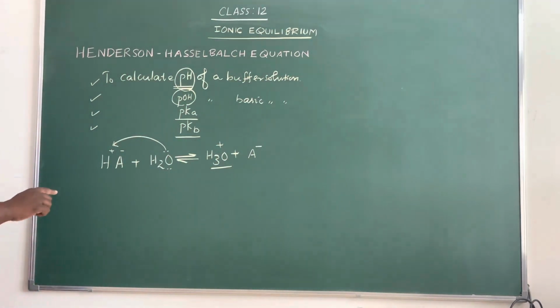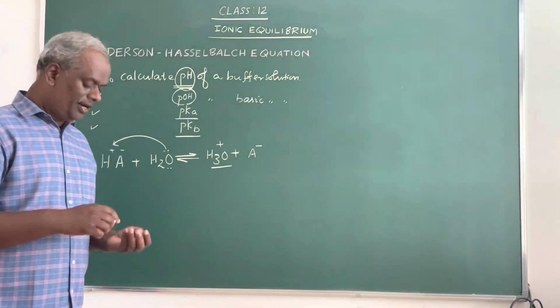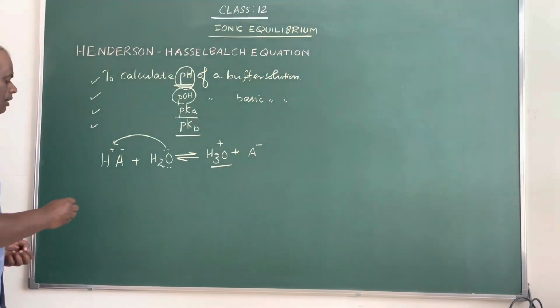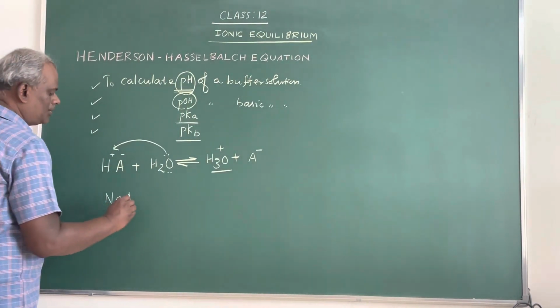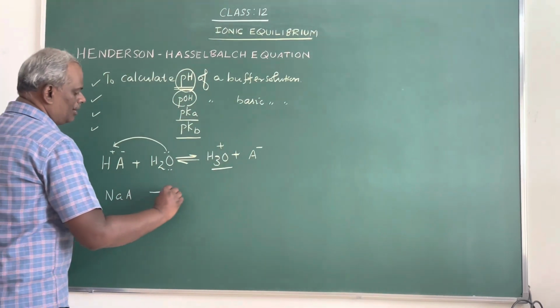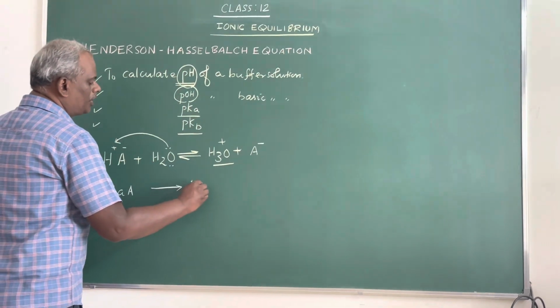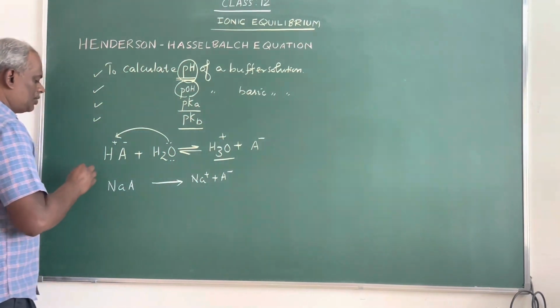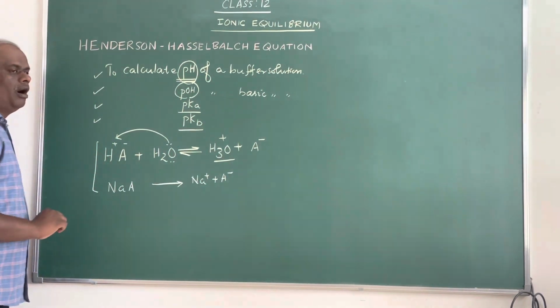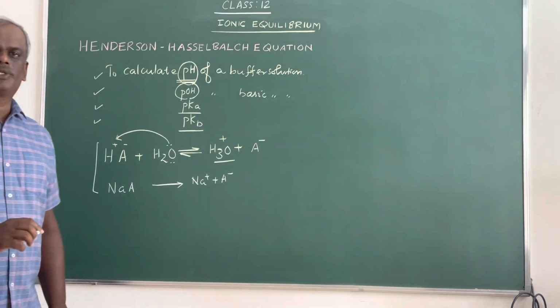It's a weaker acid, so it gets only partially dissociated. To that, when you add a stronger electrolyte like NaA, it is completely dissociated to form Na plus and A minus. So this is the composition of an acidic buffer solution.